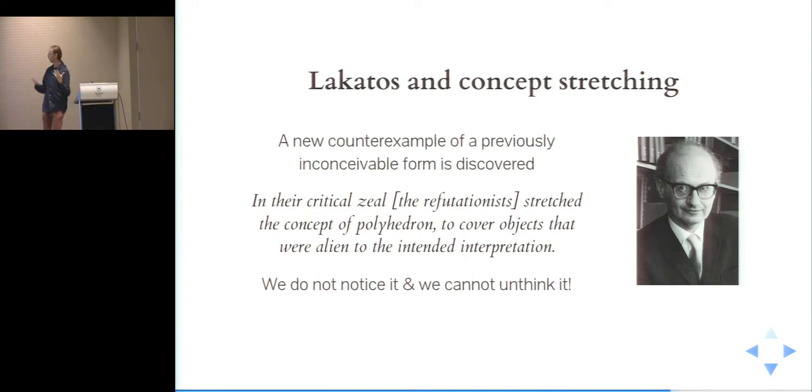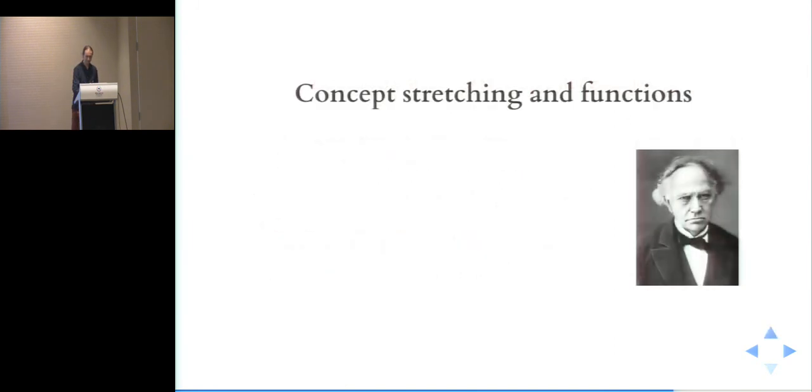And the weird thing is, we do not really see that the concept has been stretched, because it's still a polyhedra. Yeah, this is a valid example, but once you see it, you're in this weird state where your theorems no longer work because someone gave you a weird counterexample, but you still don't feel that's correct.